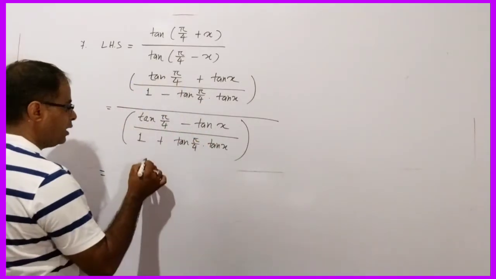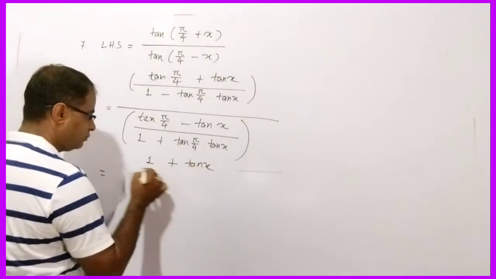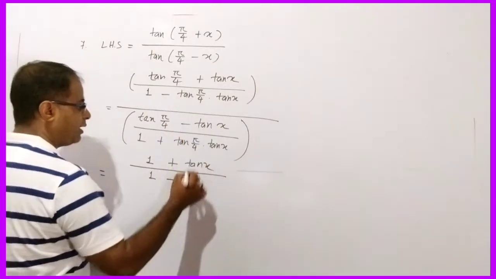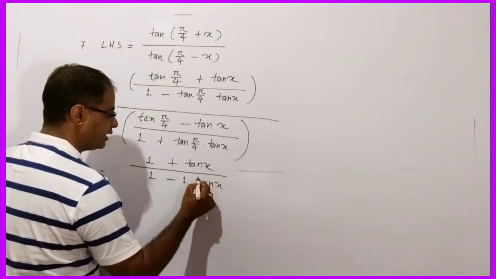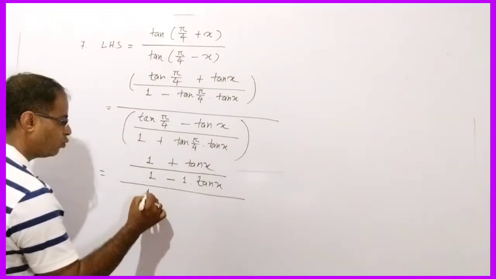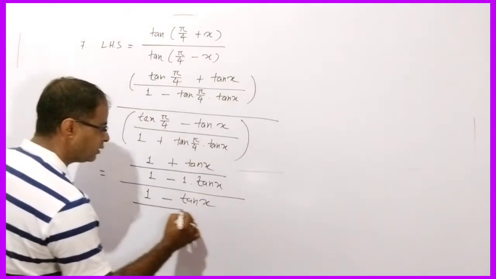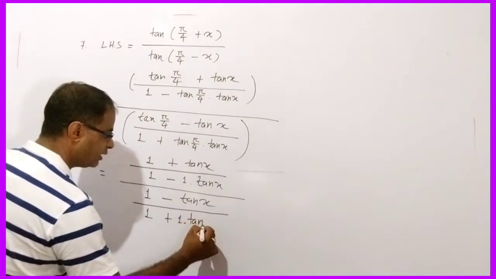Tan pi by 4 means 1, so it is 1 plus tan x divided by 1 minus tan x, over 1 minus tan x divided by 1 plus tan x.